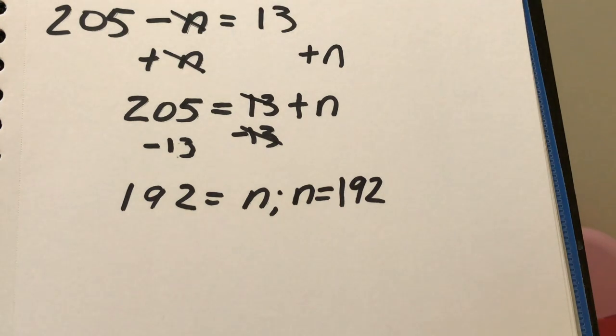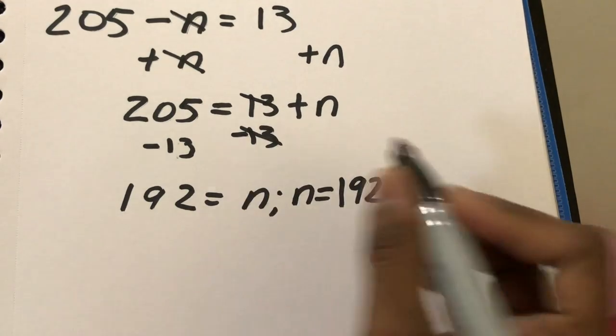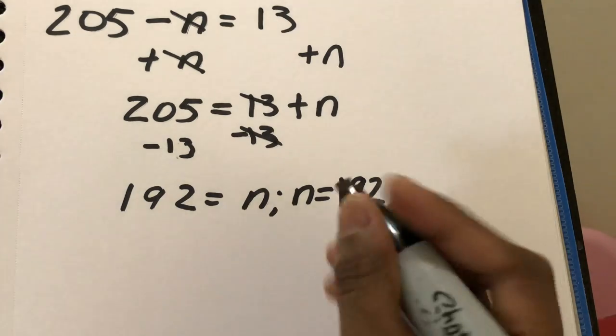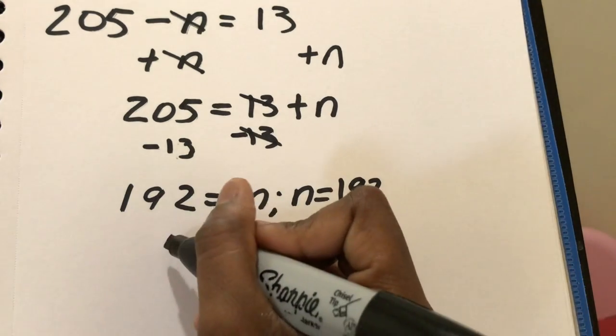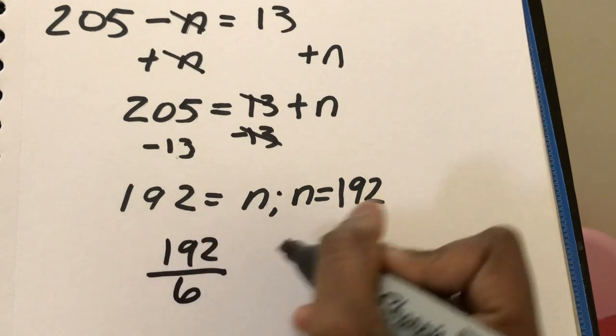Now, how do we find out how much she spent for each book? How much did each book cost? To do that, we have to divide. How much she spent on each book would be 192 divided by 6 books.